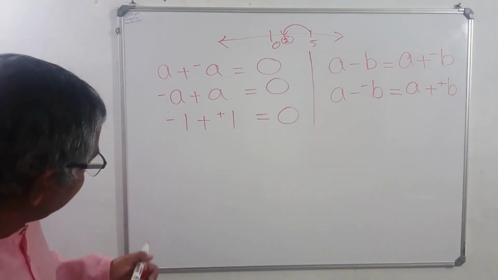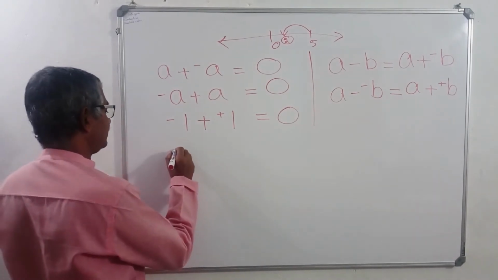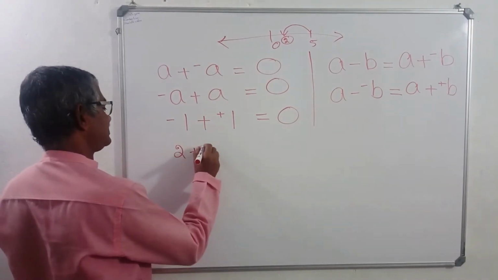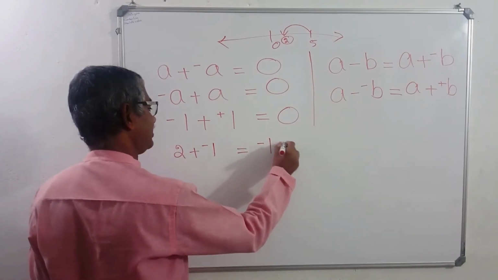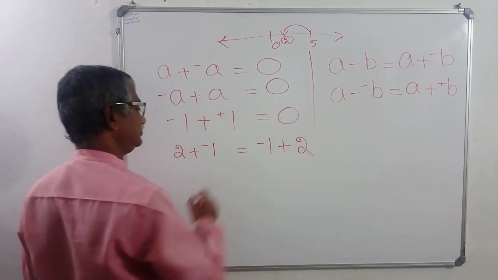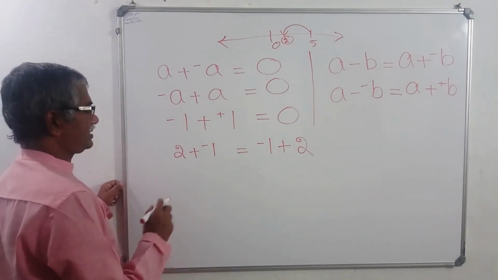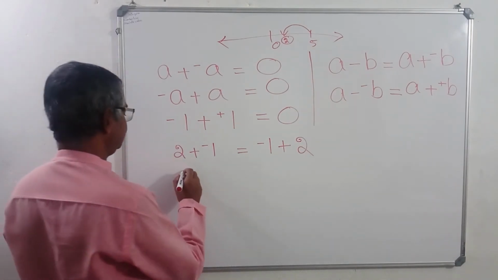So we can try it. 2 plus negative 1 is equal to negative 1 plus 2. Commutative property in mathematics.